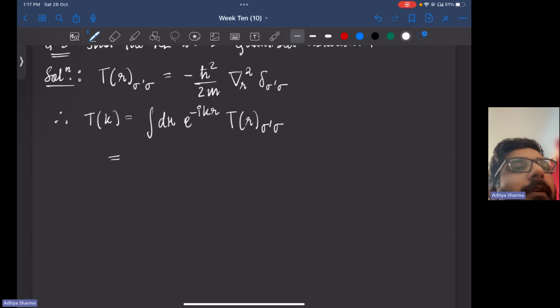This can also be written in terms of the bracket notation like this, where k tilde is equal to k minus k prime.